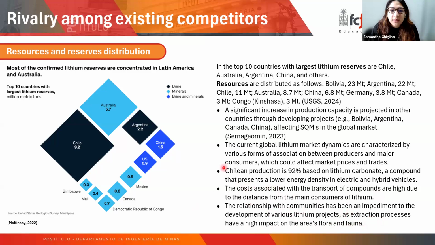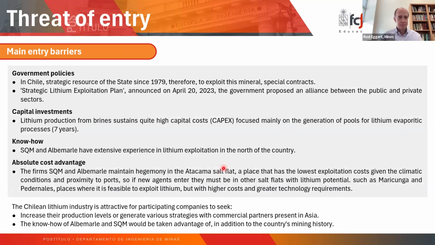So in summary, we believe that the rivalry amongst existing competitors is not a high threat now in the short run, but in the long run, especially with investments being made in other countries, it could signify a higher risk. Okay, the threat of entry, I'm going to speak really fast right now.